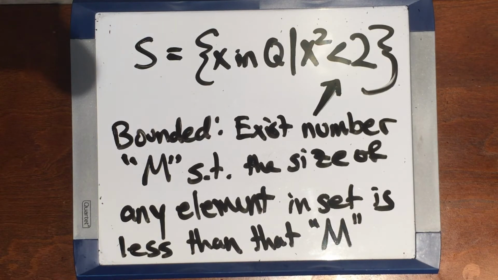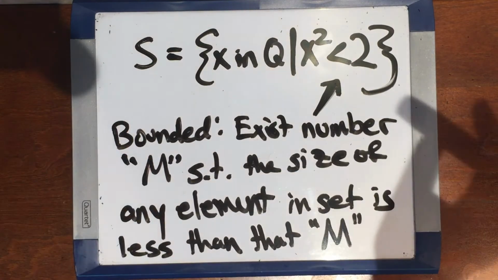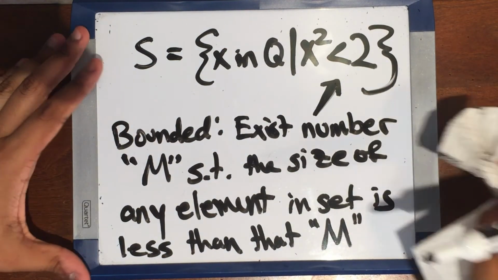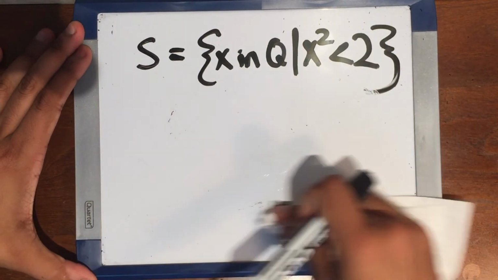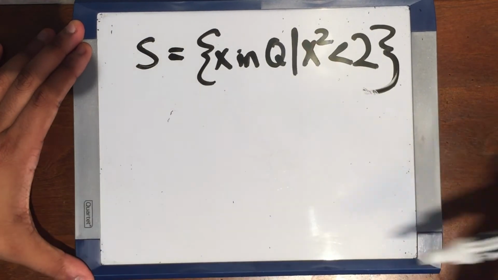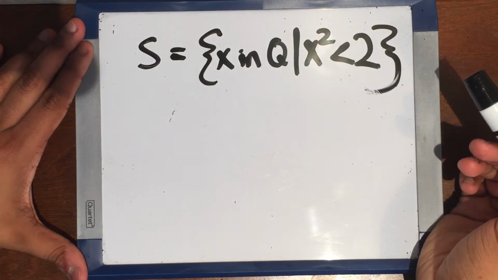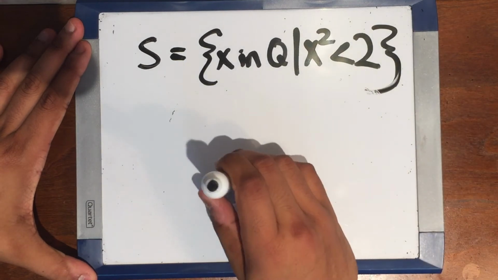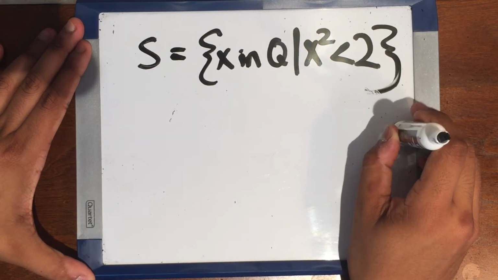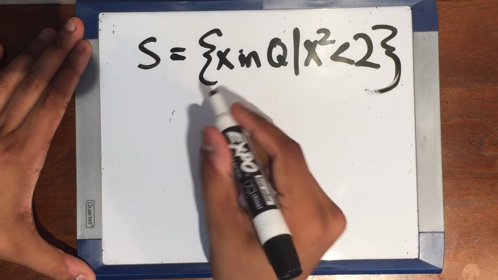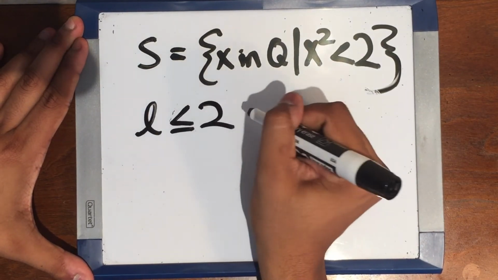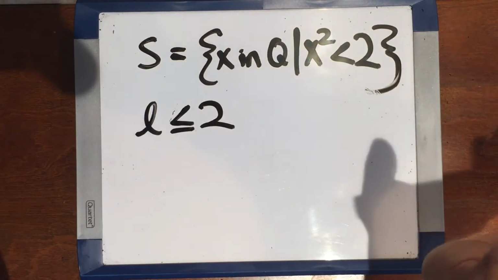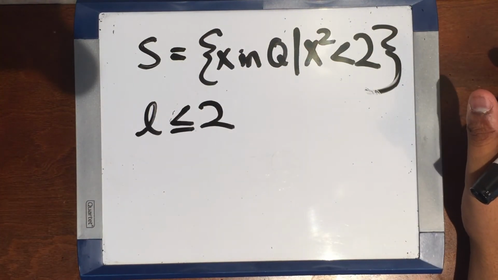So if we assume that S does have a least upper bound, just for an experimentation thought, a least upper bound for this set x squared must be somewhere between 1 and 2. So we know that a least upper bound L must be less than or equal to 2, if we assume that there exists a least upper bound, okay?